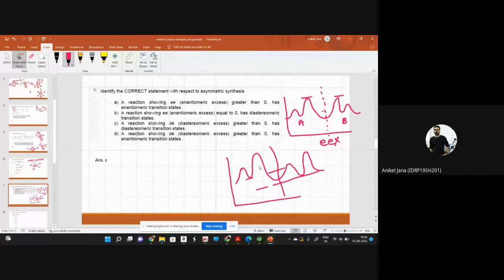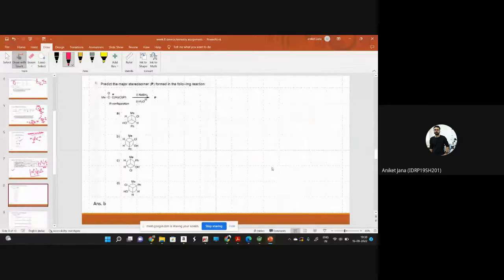So definitely they are different in energy, so the probability of forming the product will be different. So a reaction showing diastereomeric excess, where one diastereomer is formed in a higher ratio than the other, is greater than zero. That is, there is a higher percentage of one diastereomer due to the diastereomeric transition state. So option C is the right one. So let's move to the next question.